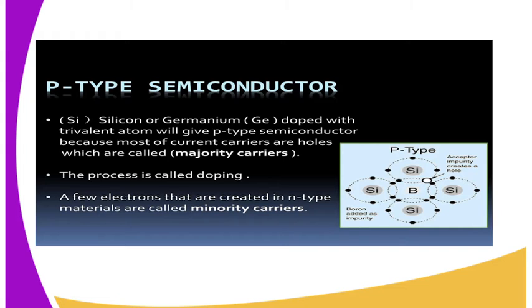And we have the n-type semiconductors. The n-type semiconductor is formed by doping an intrinsic semiconductor with pentavalent atoms like antimony, phosphorus, or arsenic. They are all under extrinsic semiconductors. Therefore, an extrinsic semiconductor is made up of the n and the p-type semiconductors.